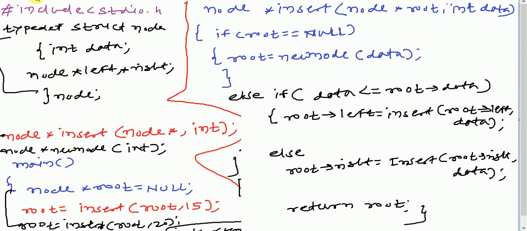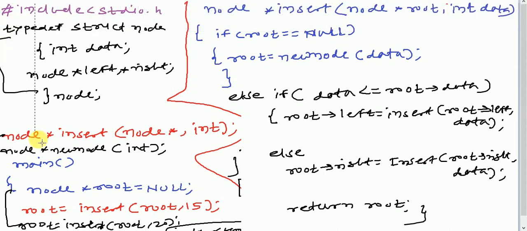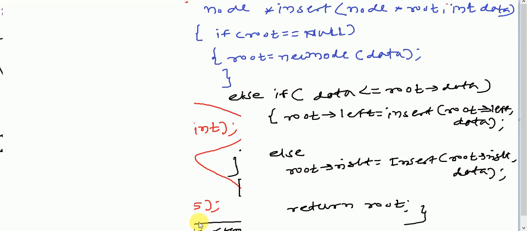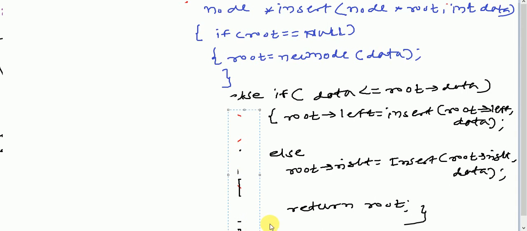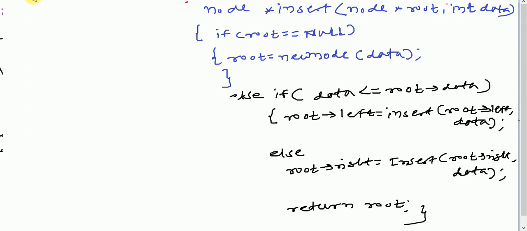So I'll remove this part from main. Okay. So initially we have inserted 15.